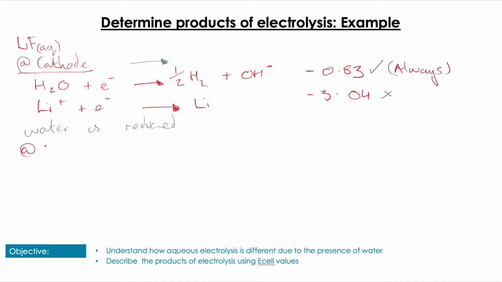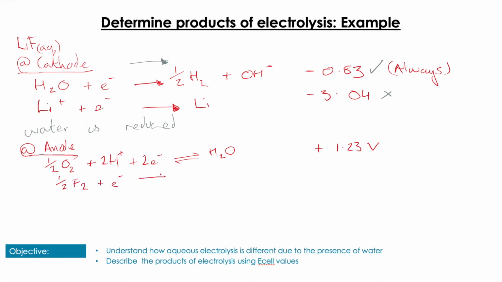Now, it's important to remember that when we start looking at the anode, we are thinking that the reactions are going to go in the reverse direction from how they're written in the data booklet. So we obviously have our oxidation of water reaction here, which has a value of plus 1.23 volts, and we're going to compare that with the fluoride ion.